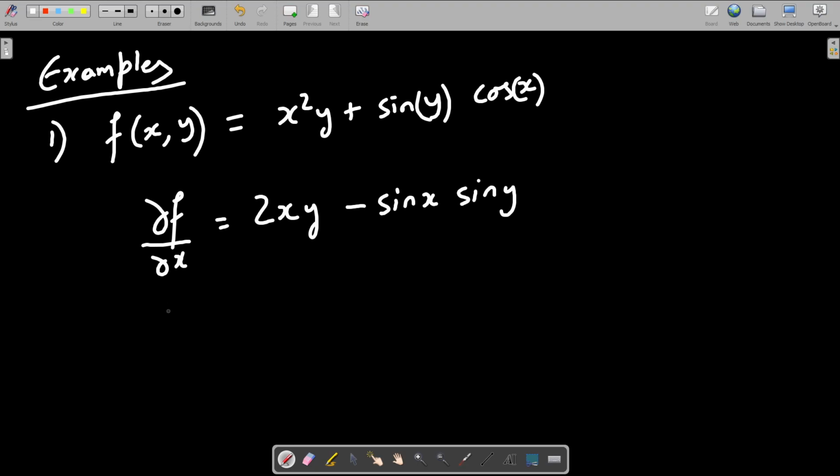In the same way, what will be the partial derivative of f with respect to y? I'm going to keep x as a constant, so x squared will remain as it is, and the derivative of y will become 1. Next, I'm taking the derivative of y over here and keeping x as it is, so sin y will become cos y into cos x.